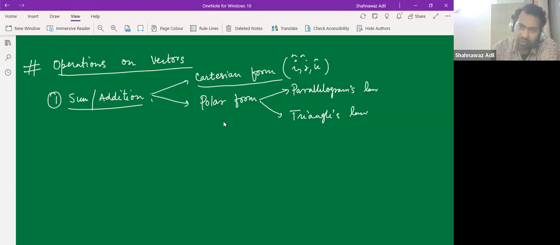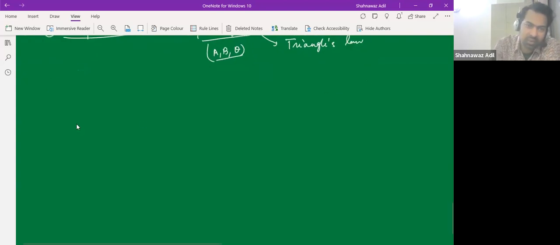In the polar form, the vectors are given only by their magnitude and angle. So let us talk about the Cartesian form first. In the Cartesian form, the addition is simple.